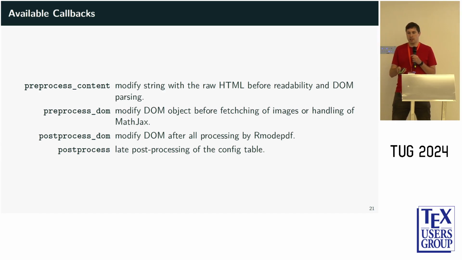But the next two, preprocess DOM and postprocess DOM, can use LuaXML functions to modify the DOM, which is something you most likely will want to do if there are some problems with the output. So the preprocess DOM is before we download images, so you can, for example, remove all images if you don't want to download them. And postprocess DOM is on the final DOM objects before we convert it to LaTeX.